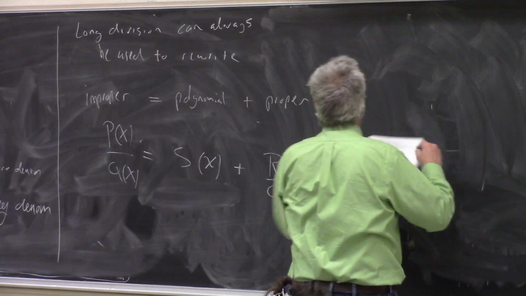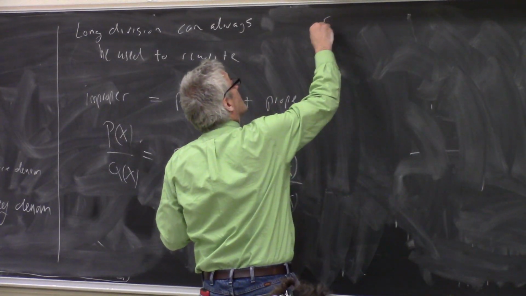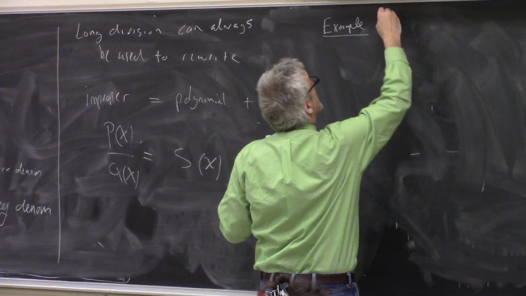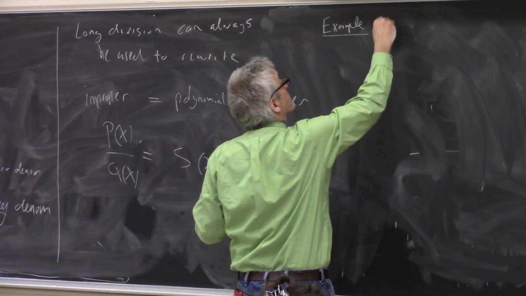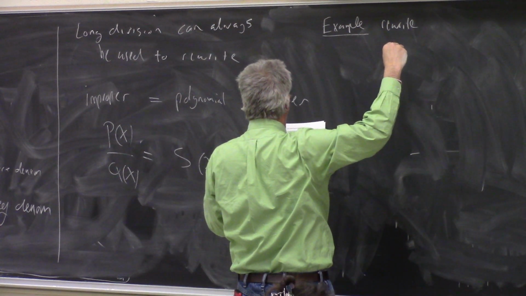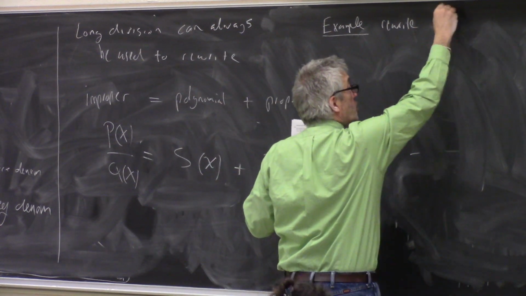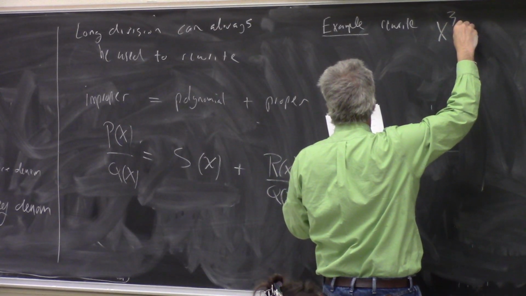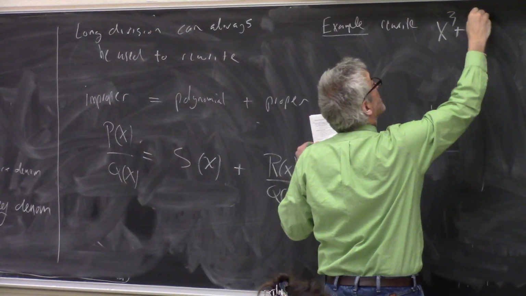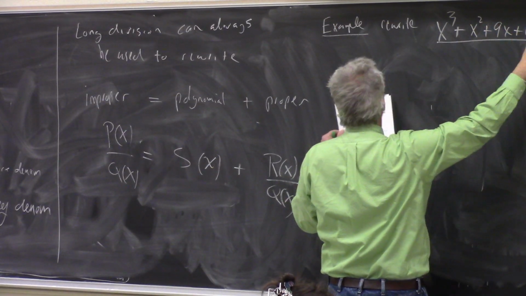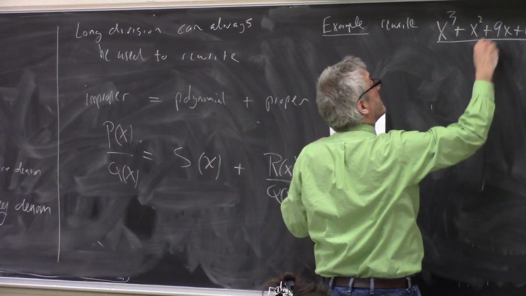Let's do an example. Rewrite this, x cubed plus x squared plus 9x plus 10 over x squared plus 9.